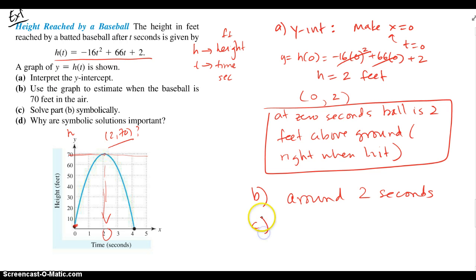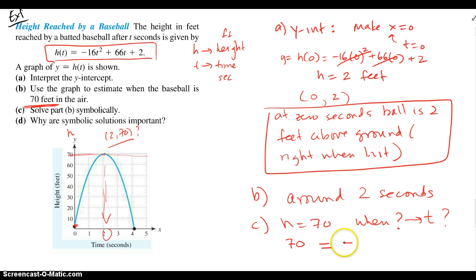Part C says, solve part B symbolically or algebraically. So 70 feet is the h, and the question is when, which means what is the t value. So I go back to my original equation, I make the h 70, and that leaves me with figuring out what the t should be.